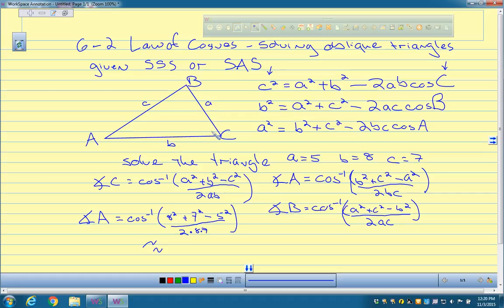If you're trying to solve for, say you know angle C, and you know side A and side C, right? That's not enough. You need to know side B as well. I guess you could solve it for side B. Yeah, or you just could use law of sines because it's easier.